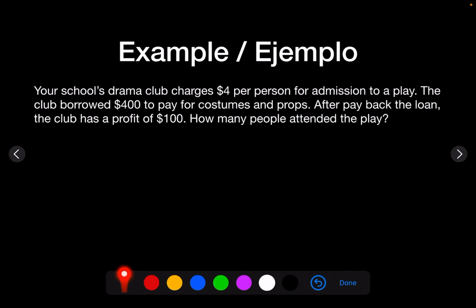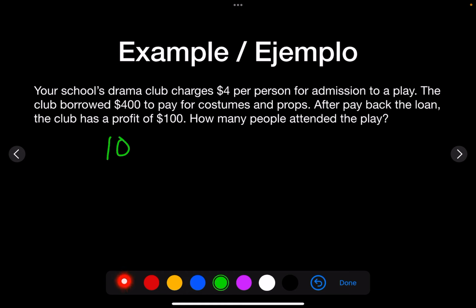Well, it first helps with a problem like this, in order to get your bearings, to write it out in abbreviated words. So let's see here. We have $4 per person. And we borrowed $400. And then after we paid back the loan, it has a profit of $100. Now, I usually like to start with something that is what it is equal to.